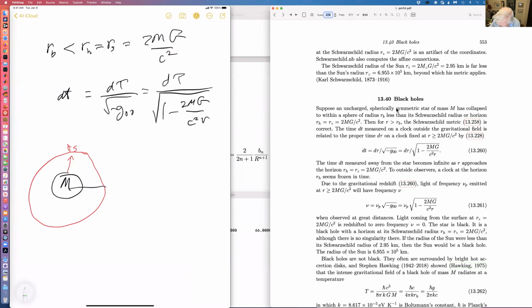this thing becomes 0. And in fact, I think I should rewrite this as d tau over the square root of 1 minus r Schwarzschild over r. So if you're bigger than r Schwarzschild, you're out here, then this thing is maybe 0.99999, and dt is essentially d tau.